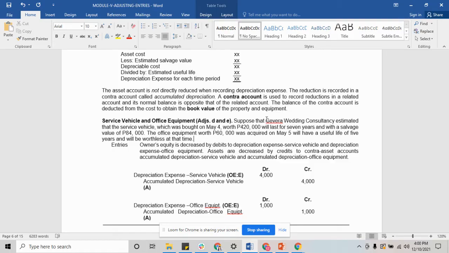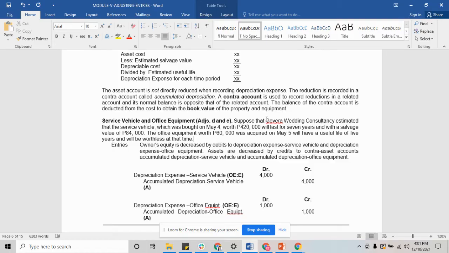So, 420 minus 84, 336 divided by 7 years, the estimated useful life. So, every year, 48,000 ang estimation na ibinababa ng value ng service vehicle. 48,000 every year. Ngayon, i-compute natin. So, magkano monthly? So, 4,000 monthly ang ibinababa ng value niya, which should be recorded as a depreciation expense.